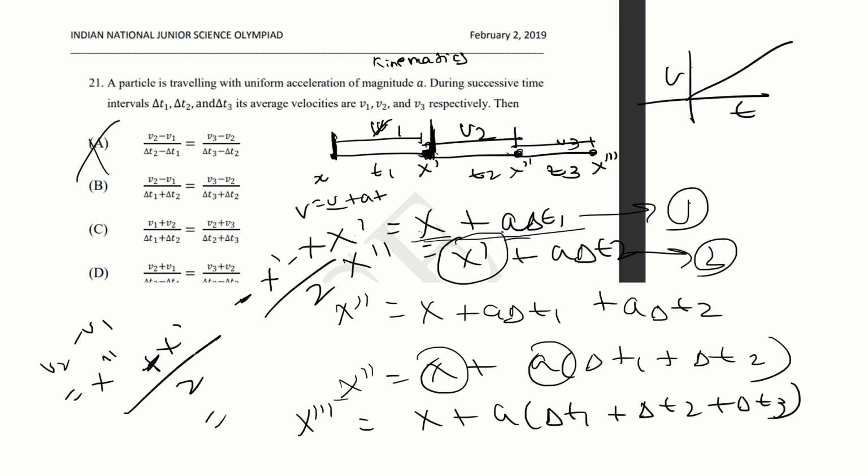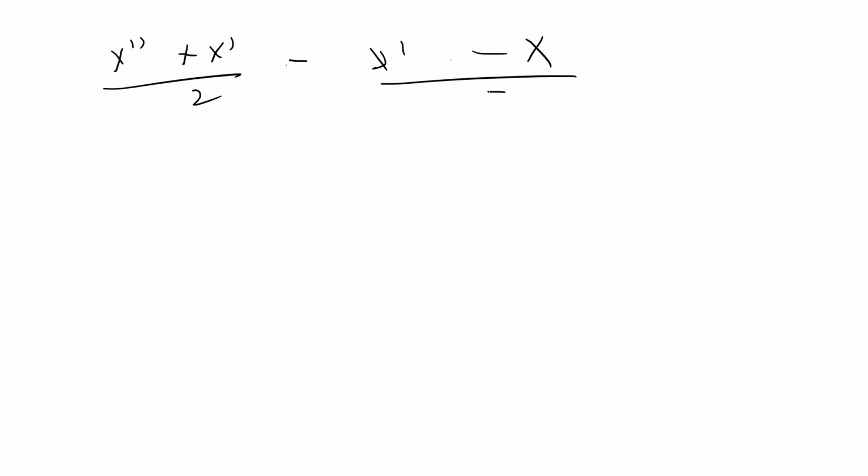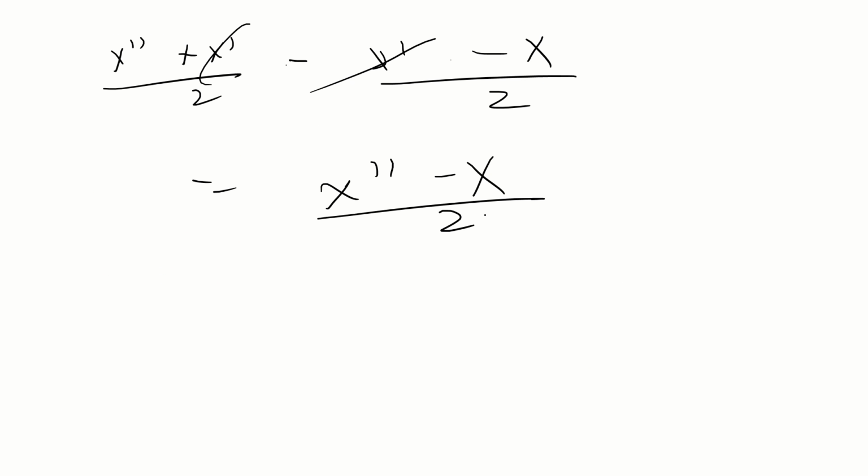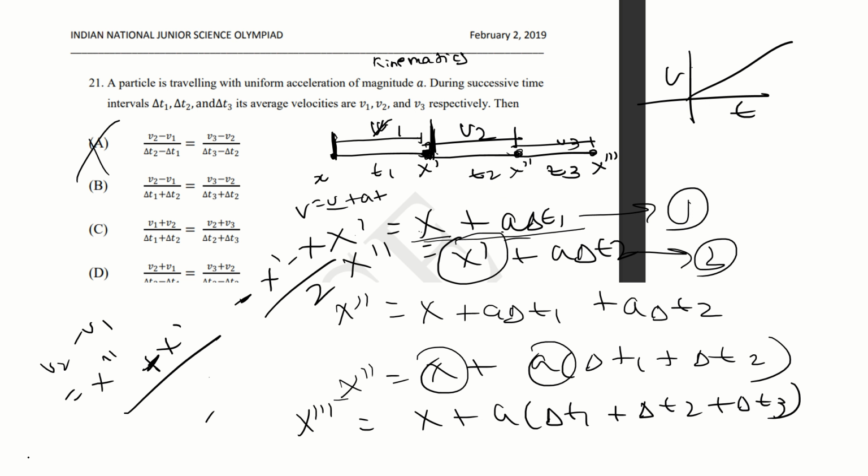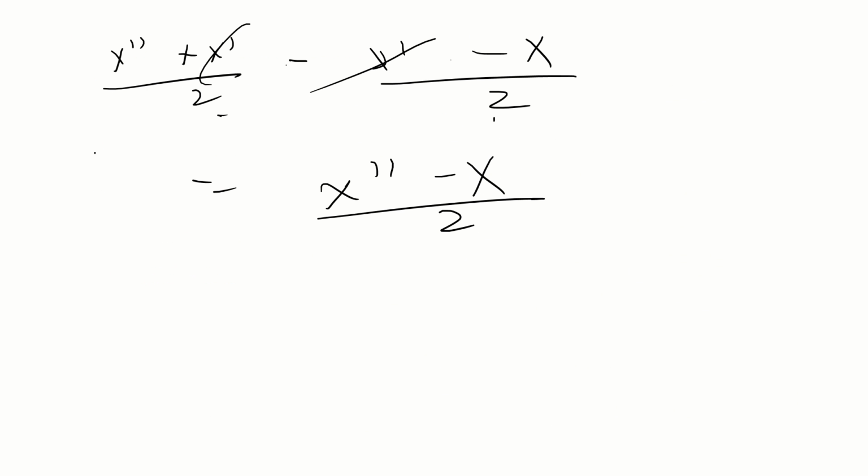This is not that clear looking, let me do it on the next page. So we get (x double dash plus x dash) upon 2 minus (x dash plus x) upon 2. This gets cancelled, so (x double dash minus x) upon 2. We take 2 common. So this is the equation we get for V2 minus V1.